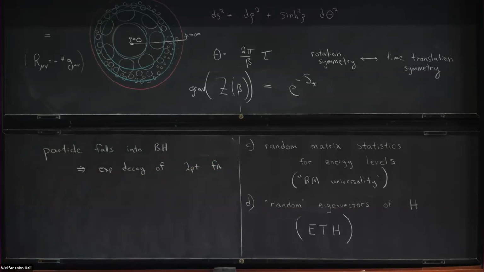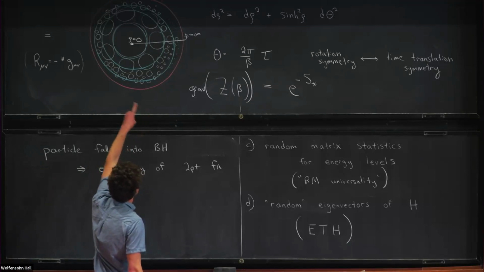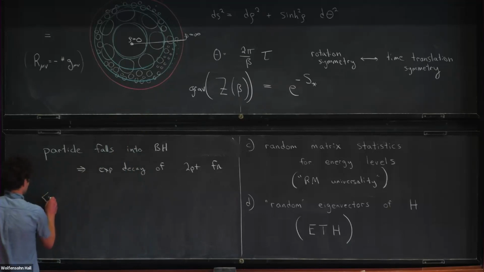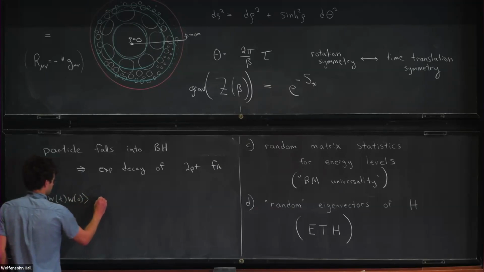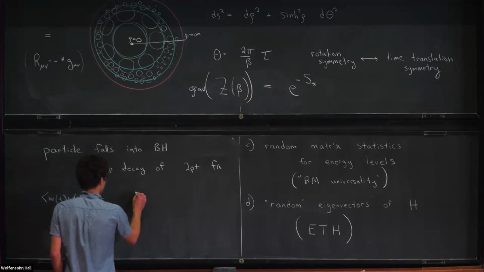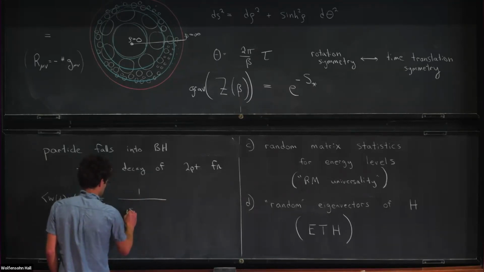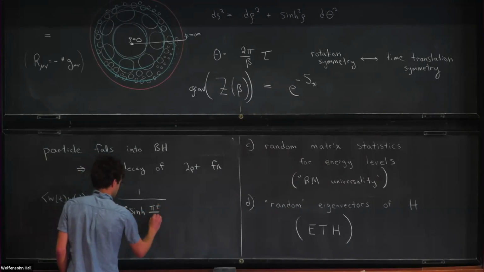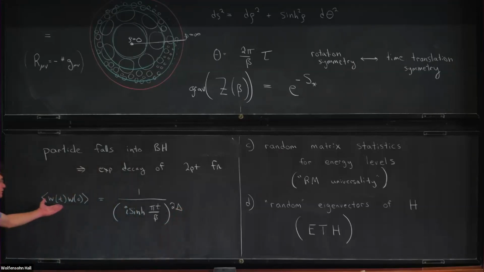Okay, so an example of a formula, just so you have a formula in mind, is for this case of a 2-dimensional black hole, the hyperbolic plane, then the 2-point function w of t, w of 0, it's like 1 divided by i times sinh of pi t over beta to the 2 delta, where delta depends on the operator w that we choose.